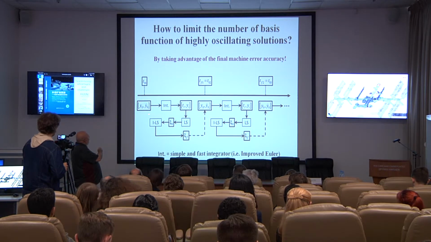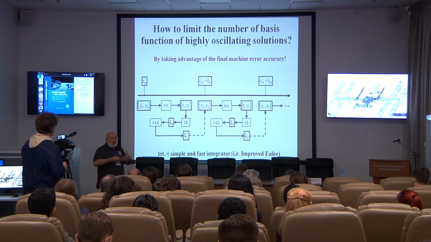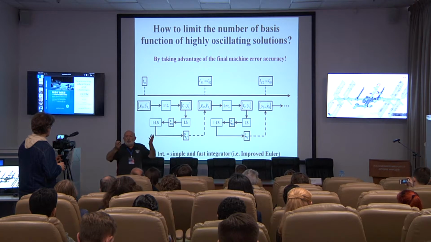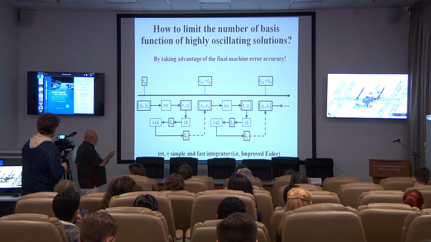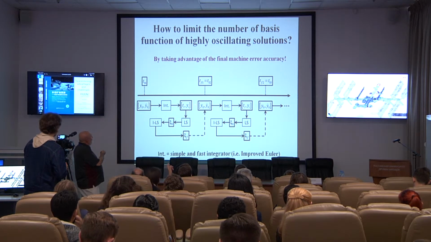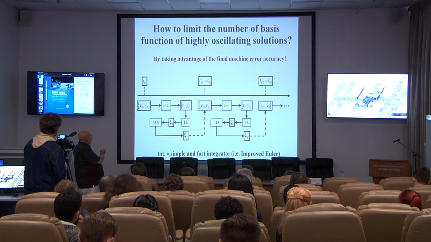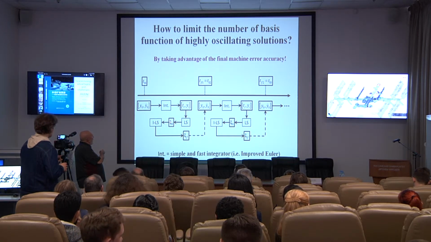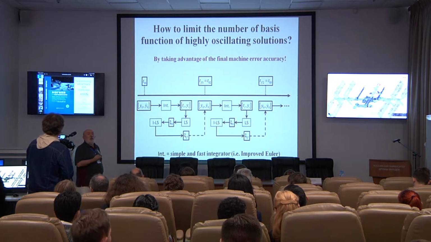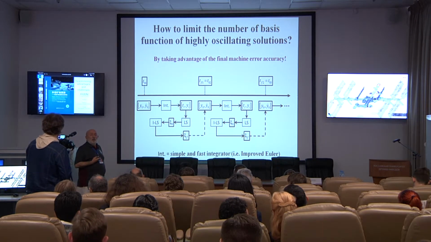You integrate this with a very simple integrator like Euler, improved Euler, in order to obtain a sort of description of your solution. So now I can perform the least squares of your solution, and I have an initial guess of my unknown coefficients.